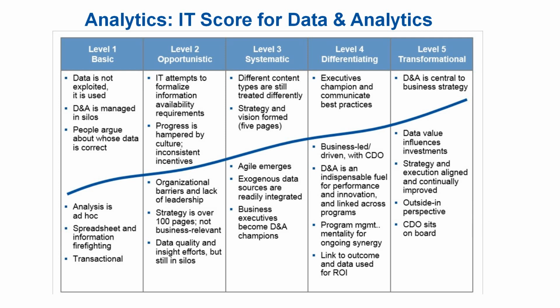The next one is the differentiating level, where the executive champions look at the data and communicate the best practices, and they feel that data and analytics is helping and they need to invest in it. There is a link to outcomes, and the data is used for the ROI part.